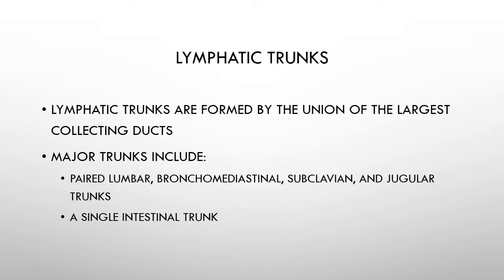Those collecting vessels move into our lymphatic trunks. The lymphatic trunks are basically getting us back into the core of the body for the most part. These lymphatic trunks are where the collecting vessels move into larger areas, like the lumbar region, bringing lymphatic fluid up from the legs; bronchomediastinal for the lungs and the heart region, so basically the thoracic area; subclavian coming down from the arms and the neck, primarily the arms; and then the jugular trunks bringing lymph down from the head as well.